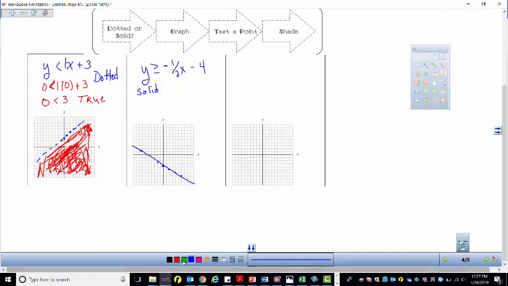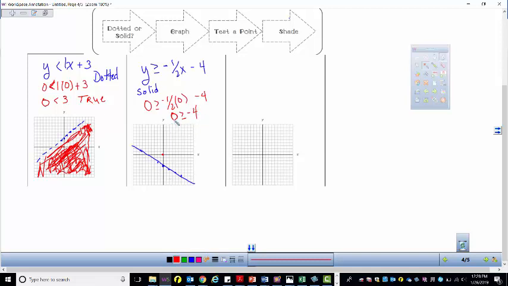And now we're going to do our test point. So again, here's 0, 0. I'm going to test that. So I'm going to put in 0 is greater than or equal to negative 1/2 multiplied by 0, minus 4. Anything times 0 is 0, so I get 0 is greater than or equal to negative 4.